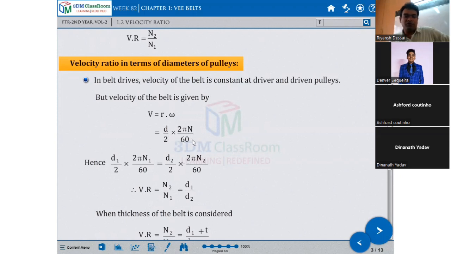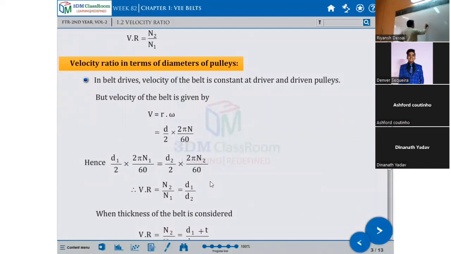So d1 by 2 into 2 pi n1 upon 60 equals d2 by 2 into 2 pi n2 upon 60. This is for both the pulleys. Combining, we get one very important equation: velocity ratio is equal to n2 upon n1, that is equal to d1 upon d2.